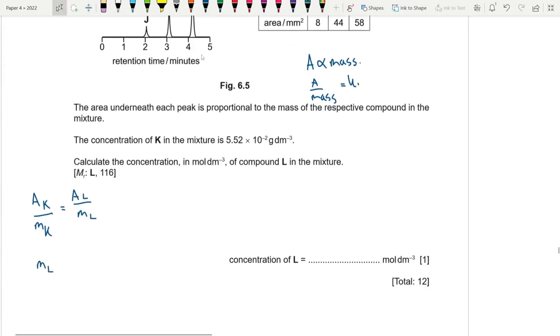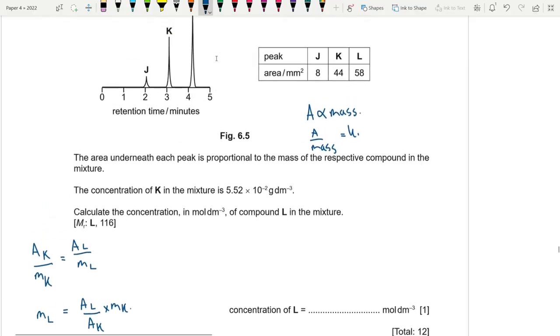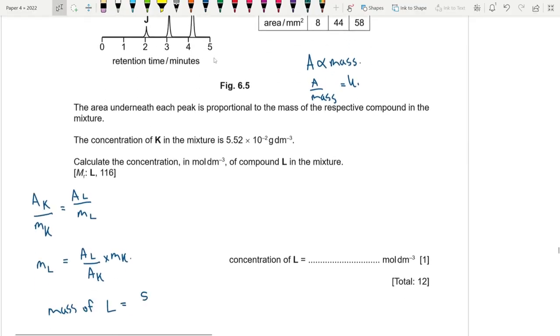So if I rearrange this, mass of L is equal to area of L divided by area of K times mass of K. So mass of L is equal to, what's the area of L? 58 by 44. I got that info from the table, times the mass of K, which happens to be 5.52 into 10 power minus 2 gram per dm cube, in 1 dm cube.